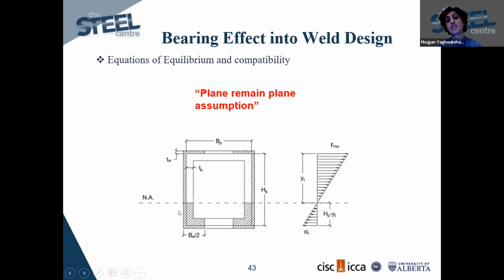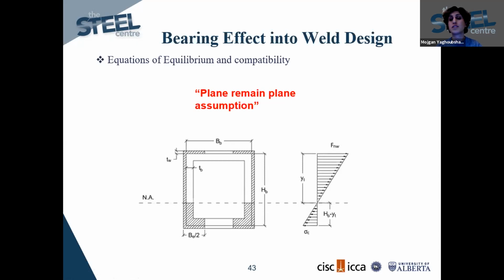The key is that because the connection is under bending moment, if we have a neutral axis here, then part of the connection is under compression stresses. In that part, both the branch wall and the weld thickness participate in transferring the load.